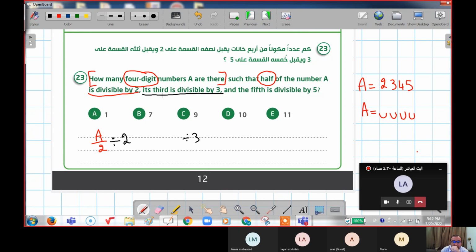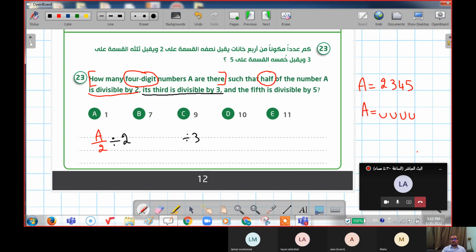Okay, its third. What does it mean, its third? The half, the third, the quarter, the fifth. When he says the third, it means divided by what? By 3.